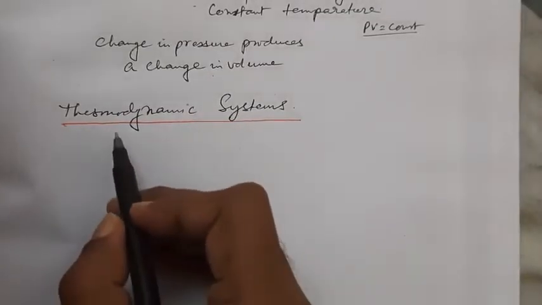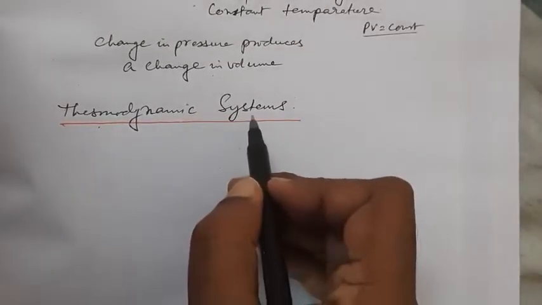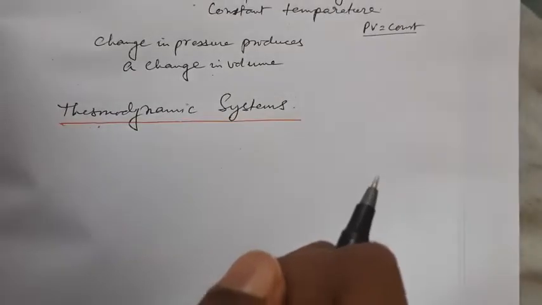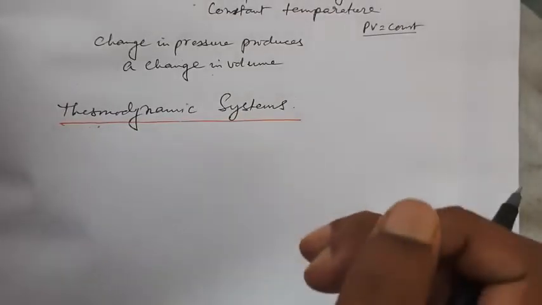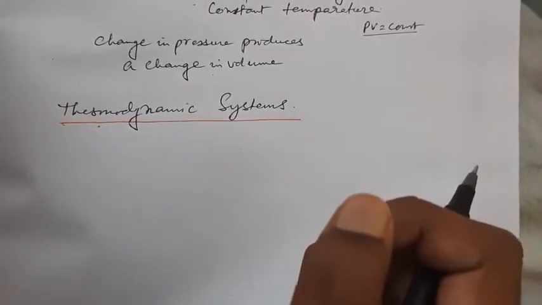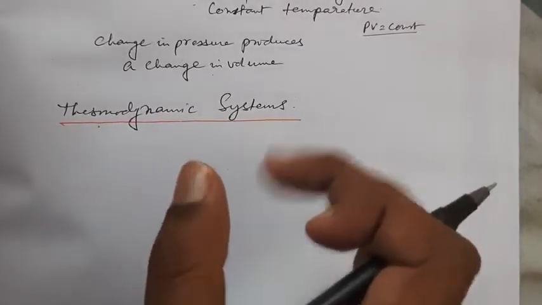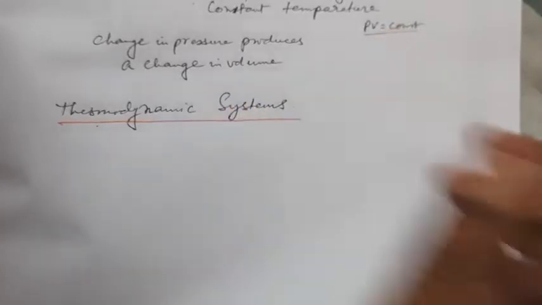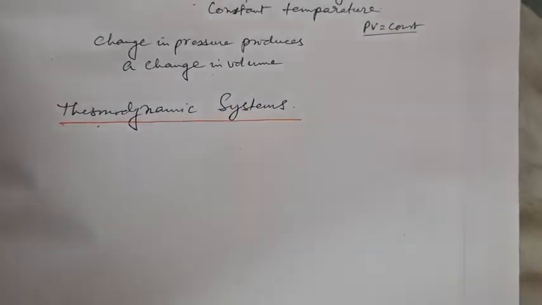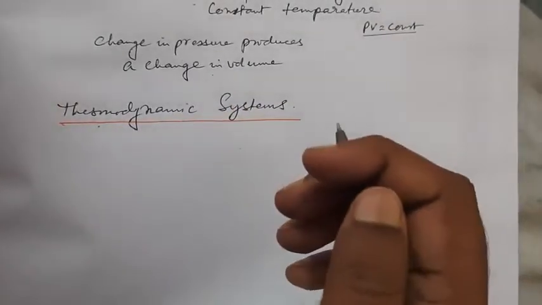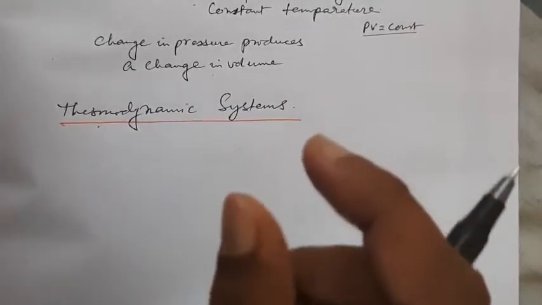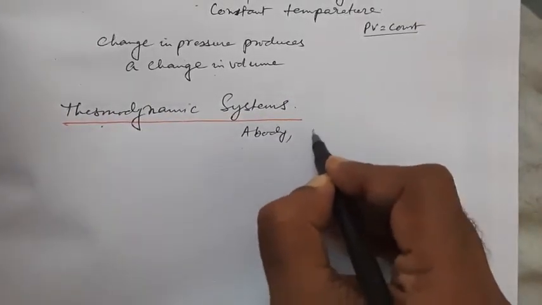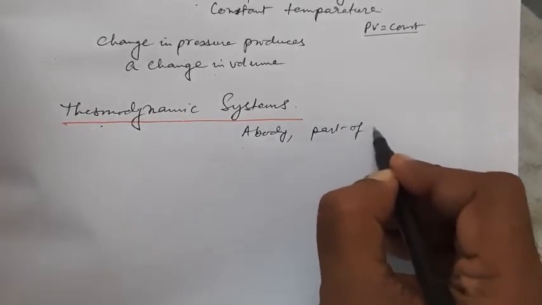Now we start with the topic of thermodynamic systems. You have to study three or four types of systems before we delve into the main subject. A body, or a part of a body, or a combination of a number of bodies is usually called a thermodynamical system.